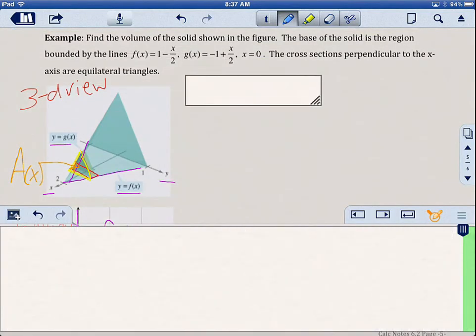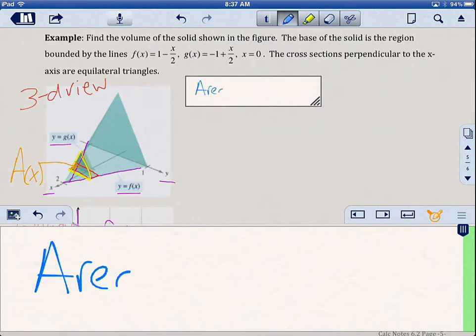So when we set up these problems, the first thing we want to do is find a formula for the area of our known cross sections. Okay, so in this case we want to know the area of an equilateral triangle.